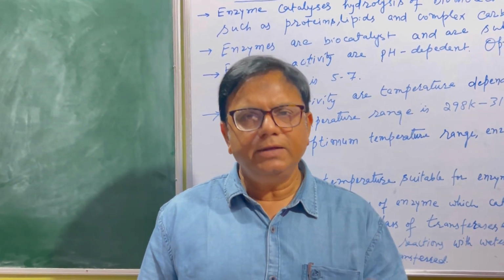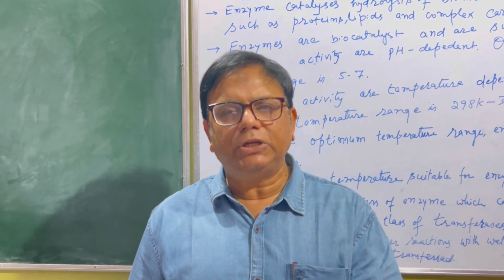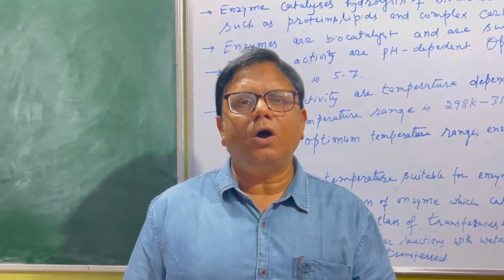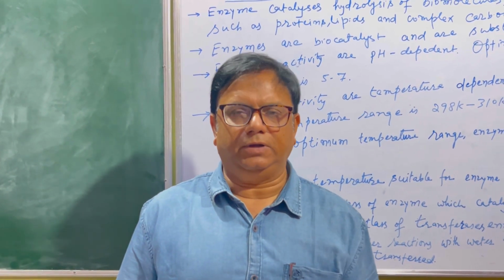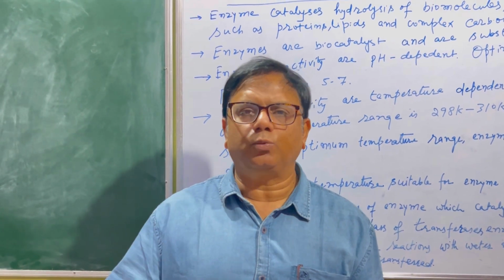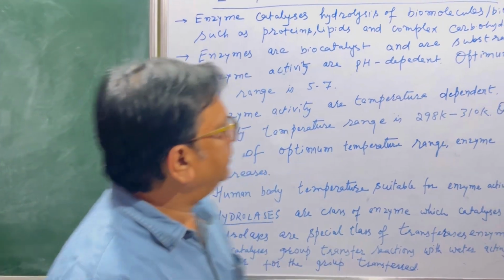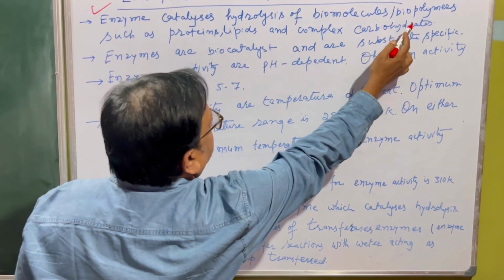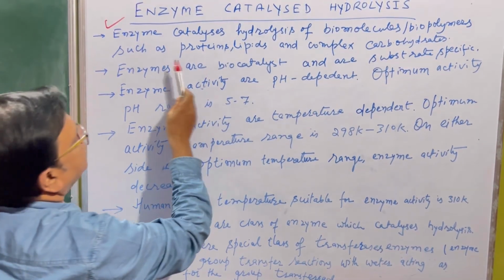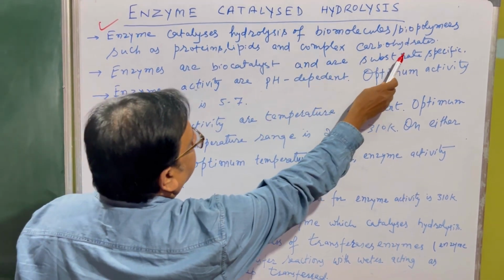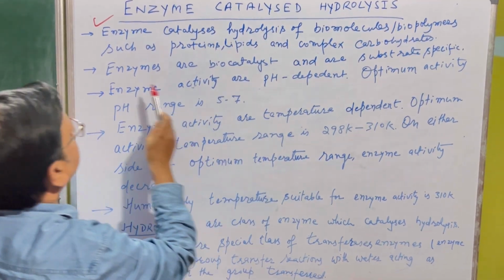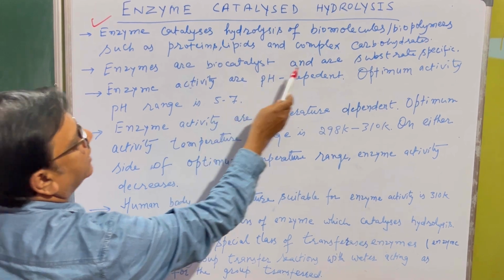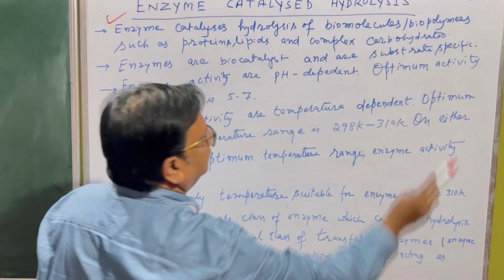That is, one enzyme will act on a particular substrate or a particular class of substrate, leading to a particular product. So here you can see the first point: enzymes catalyze hydrolysis of biomolecules and biopolymers such as protein, lipids, and complex carbohydrates. Enzymes are biocatalysts and are substrate specific.